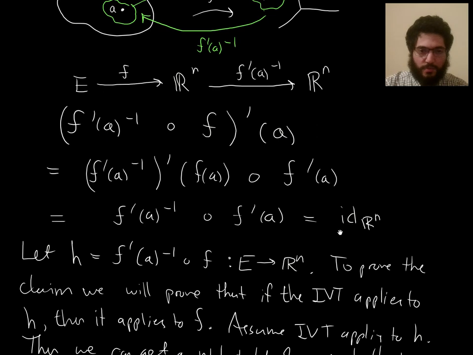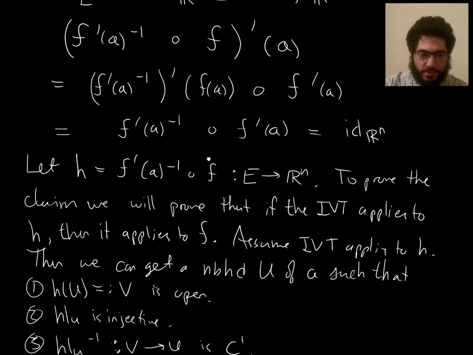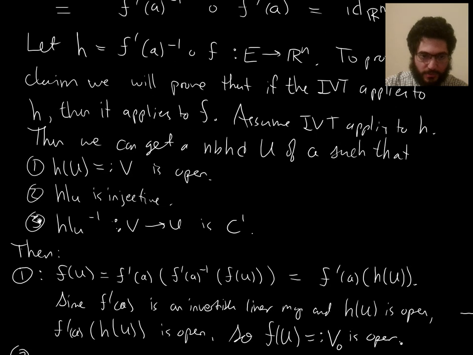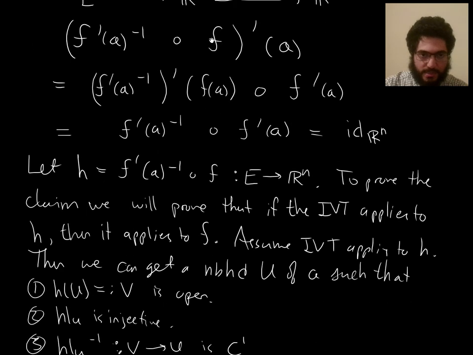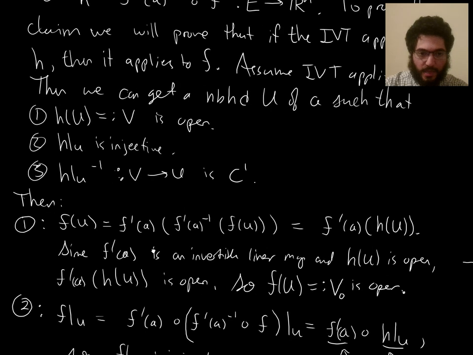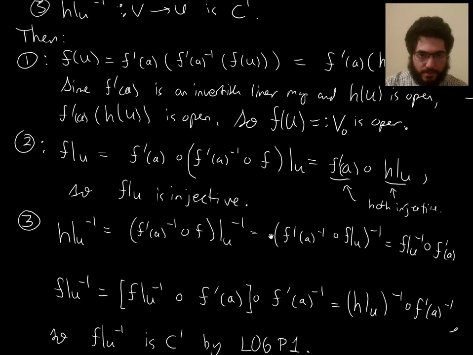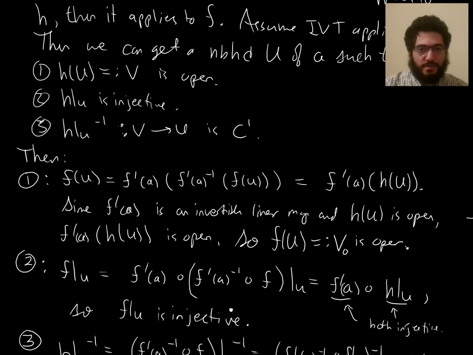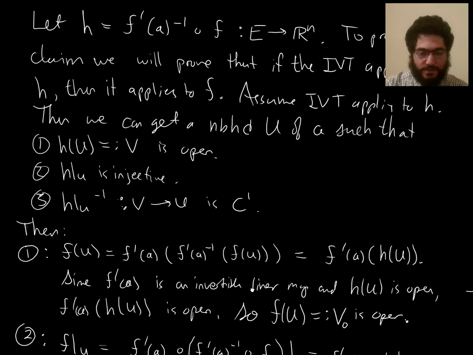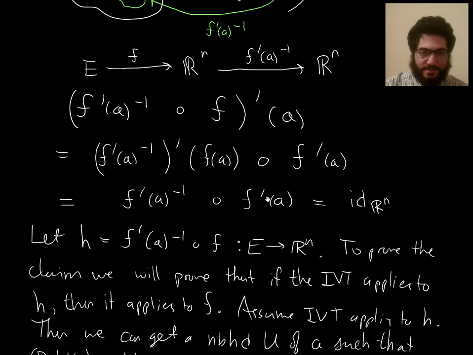And we decided that if we manage to prove 1, 2, 3 here for H, where H is this composition here, then by all the argumentation we made here, we will have proven the inverse function theorem for F.